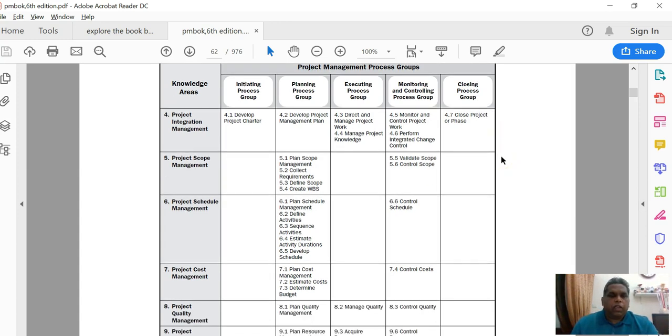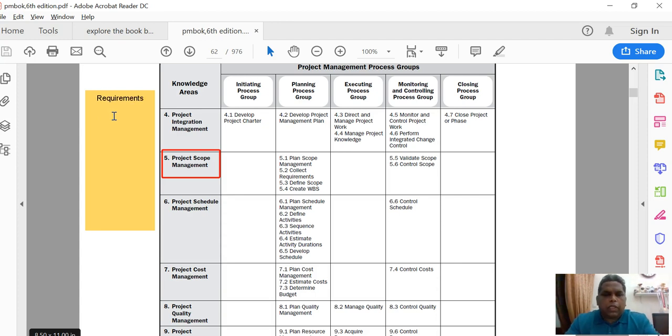Let's begin with the first important knowledge area, which is project scope management. I'll just highlight that for you. So that's the first knowledge area that we're going to look into. Now, when we talk about project scope knowledge area, we're talking about things like requirements of the project.